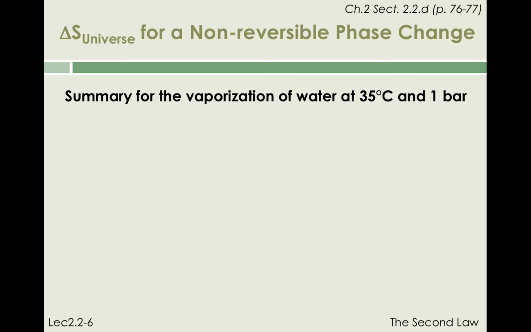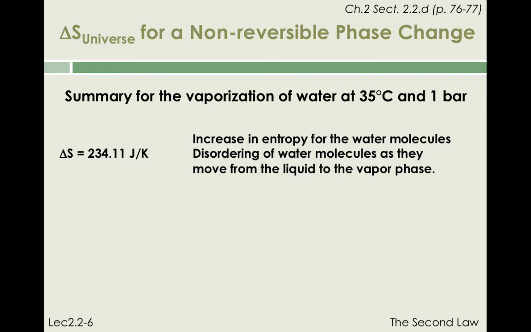Over the last 2 slides, we have considered the vaporization of water at 35 degrees Celsius. We found that delta S equals 234.11 joules per Kelvin for the system. This positive entropy change is consistent with the fact that vaporization is always associated with an increase in entropy, or a disordering for the water molecules as they move from the liquid phase to the vapor phase.